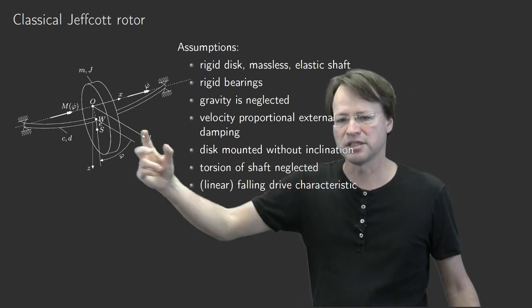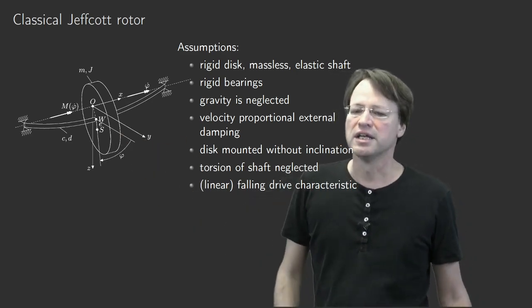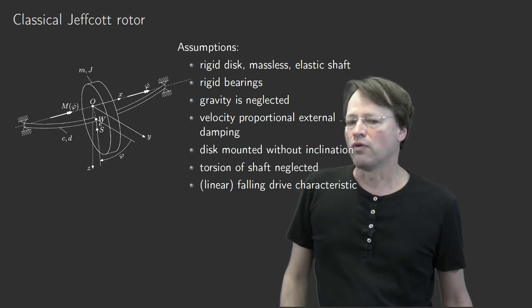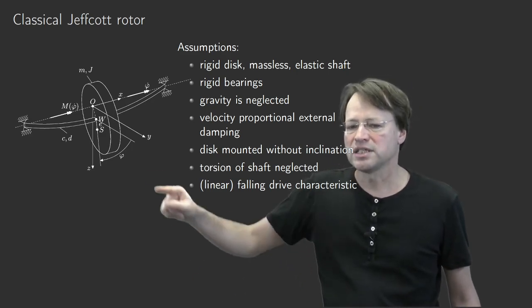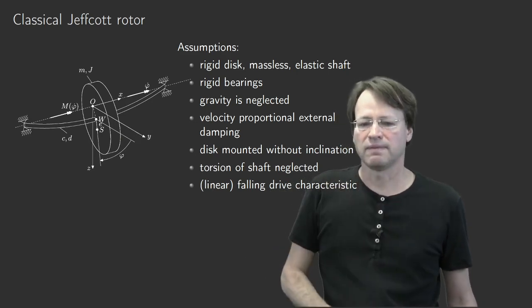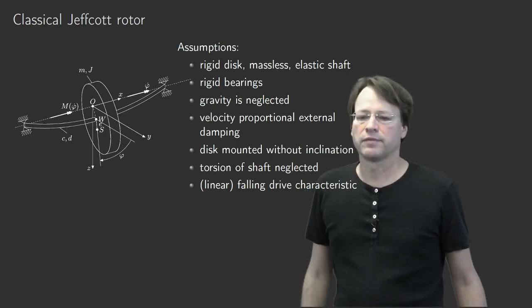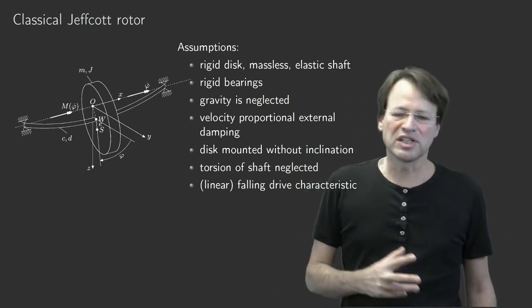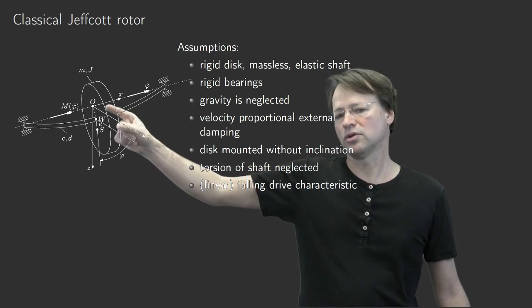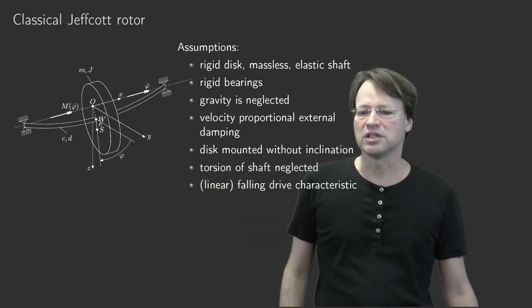Keep in mind that the disc carries the mass properties, and therefore the center of gravity is of very great importance. You can see that W and S do not mark the same point. There can be a difference. Basically, that means that the center of gravity is not in the geometric center, or is not coinciding with the connection point between the shaft and the disc.